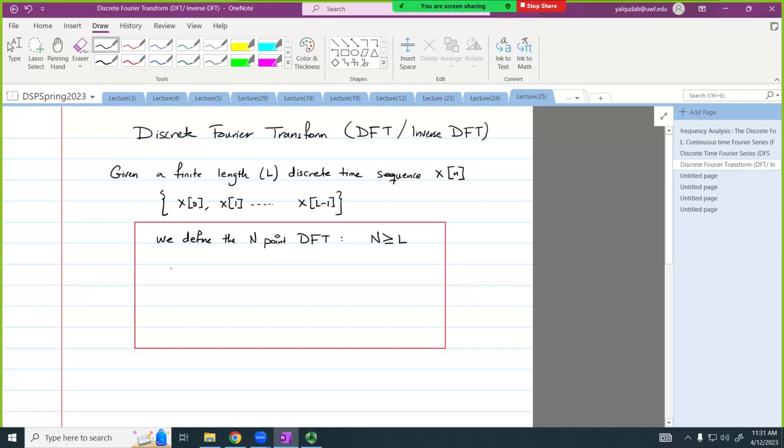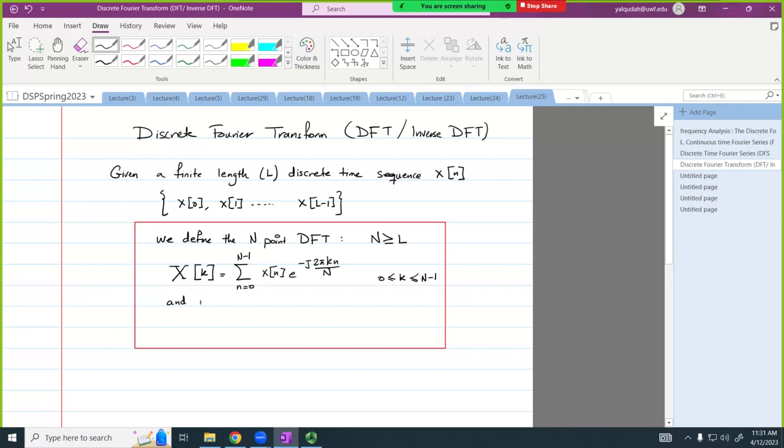as the following. X of k is equal to the summation from n equals 0 to N minus 1 of x of n e to negative j 2 pi k multiplied by n divided by N, and this is for k between 0 and N minus 1.